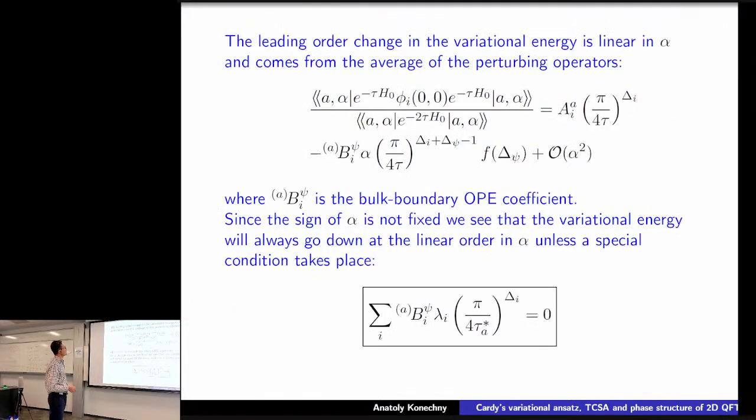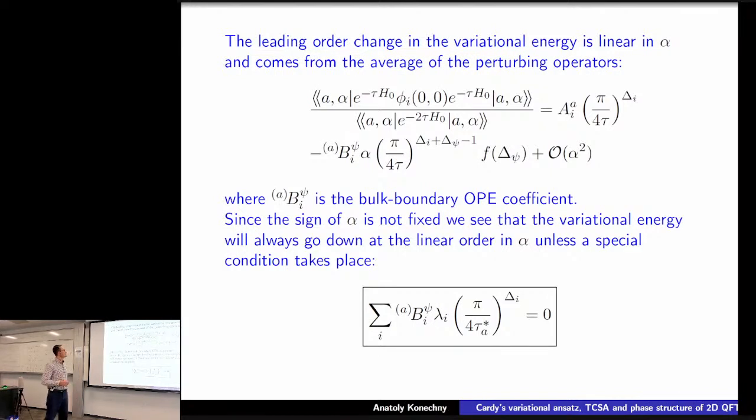And then you look at the variational energy, and you'll see that the leading change in the variational energy from that perturbation will come from bulk boundary OPE coefficients, and it will be linear in the coupling.